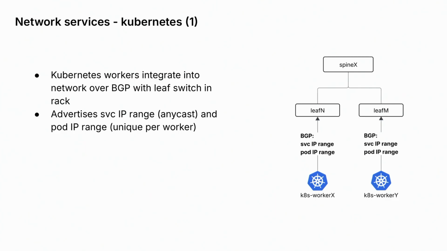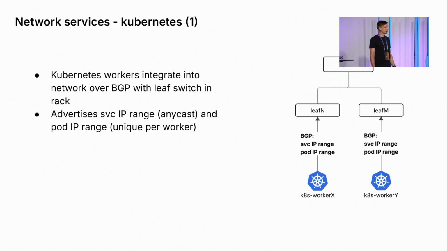Yeah, so almost all of the applications run on Kubernetes, so we had to integrate them into our network as well. Kubernetes uses its separate IP address spaces, so it had to be integrated using BGP. So all the Kubernetes workers have BGP sessions with our leaf switches, and they advertise two ranges.